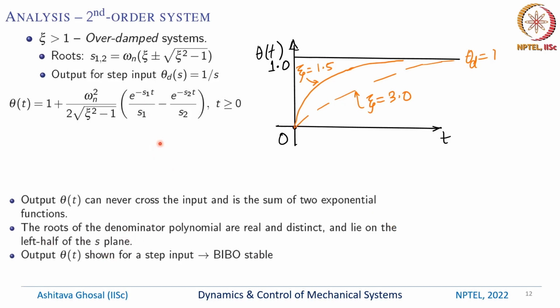Both the roots are always on the left half plane, and hence by Lyapunov or by this notion of bounded input, bounded output, they are stable. So the second order system, whether it is underdamped, critically damped or overdamped, is always stable. If you give a step input, the output will never go off to infinity.